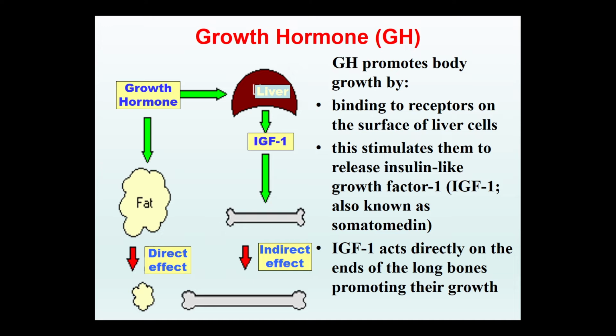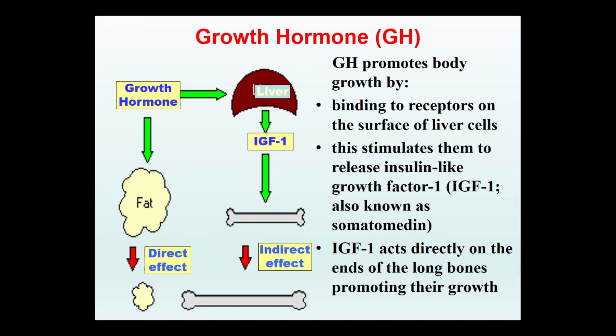But growth hormone has indirect effects as well. Indirect effects are mediated primarily by the insulin-like growth factor 1, IGF-1, or somatomedins, which is a hormone secreted mainly in the liver, but also in other tissues, in response to growth hormone.